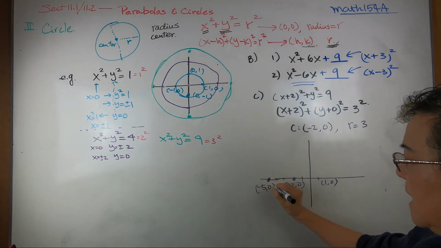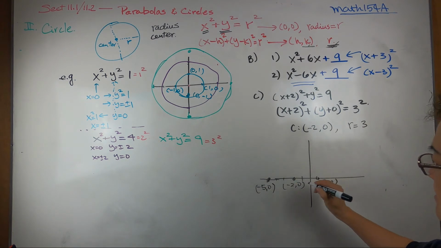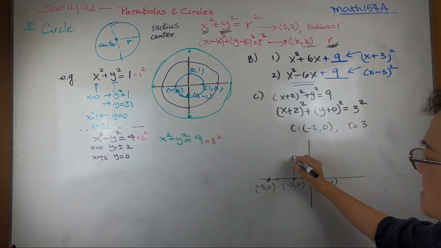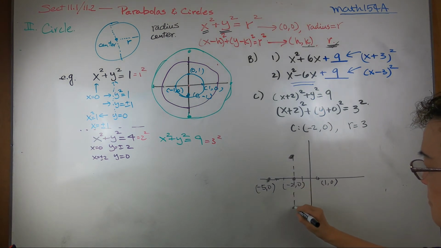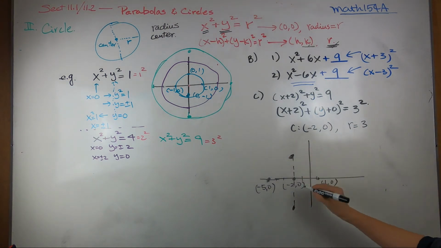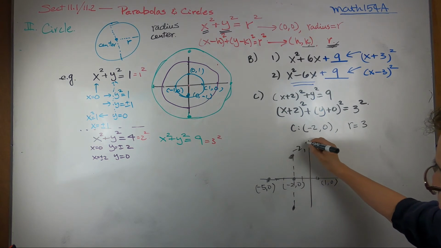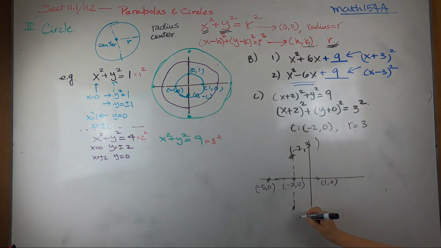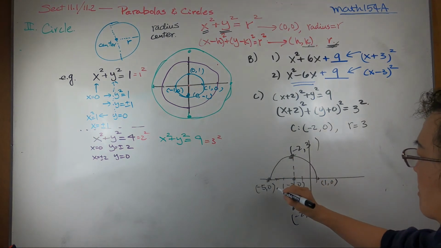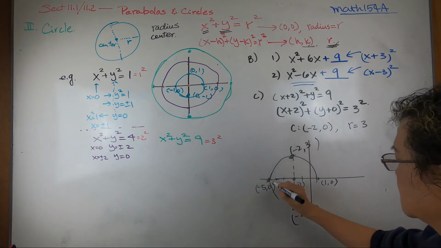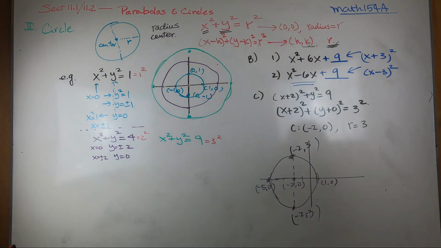Negative 5, 0, right? Then same thing, go up 3 positions, go down 3 positions. So what's this position? It's negative 2, but go up 3 for y, come down 3 for y, negative 3. Okay? Then you should be able to graph your circle as such.